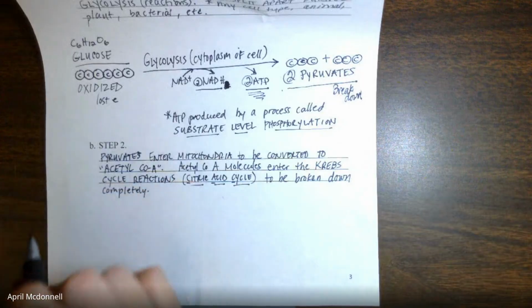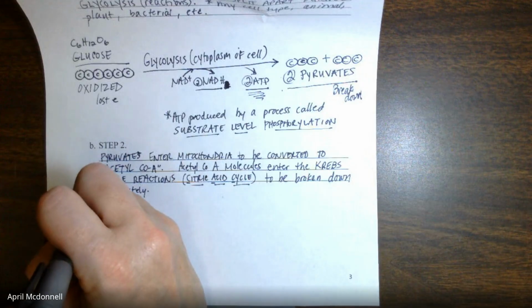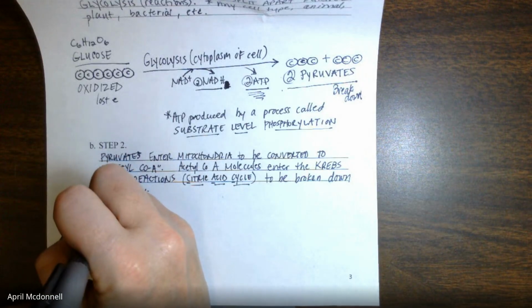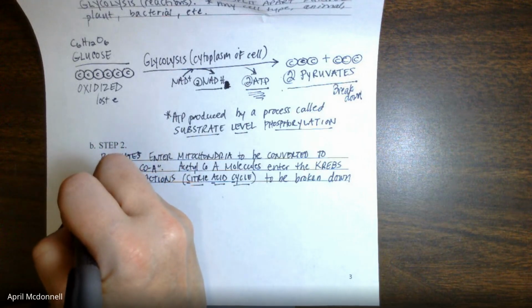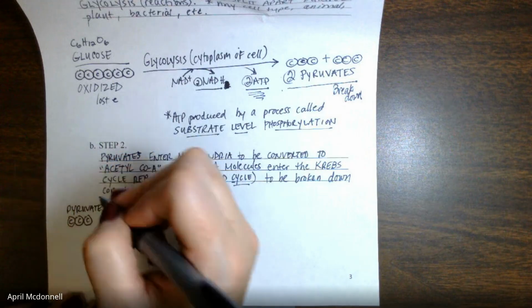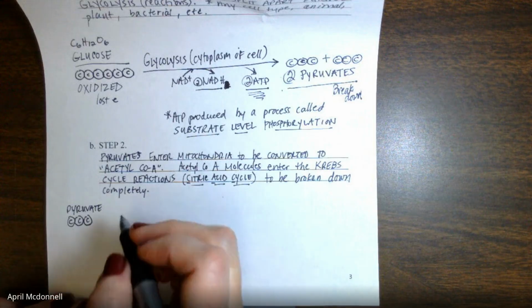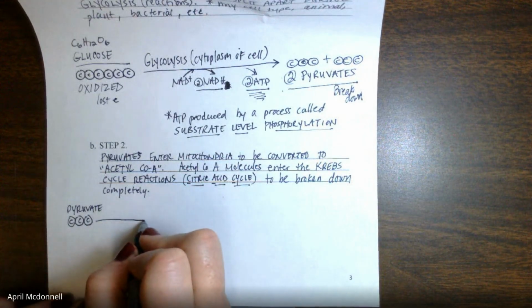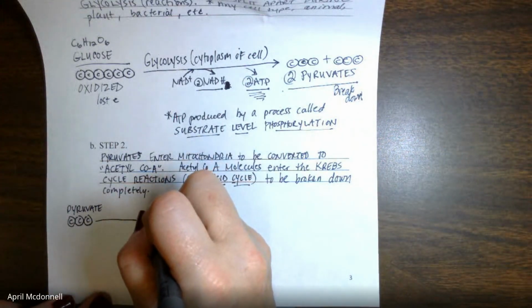So we're starting off with our pyruvates. So here's our pyruvate. This is only one pyruvate. Recall that we have two pyruvates, but I'm going to draw one of them, and we convert that pyruvate to a molecule called acetyl-CoA.